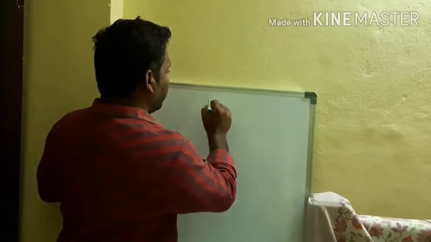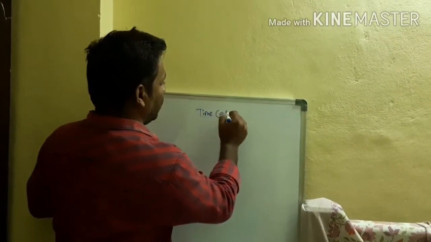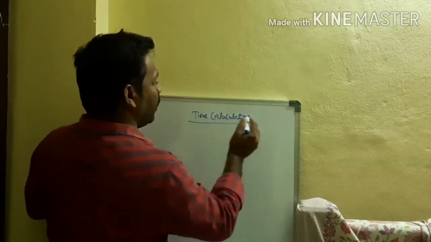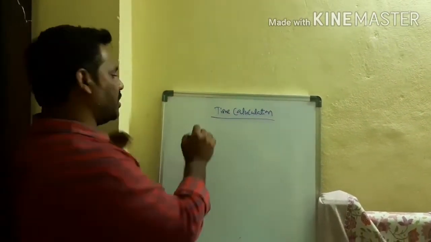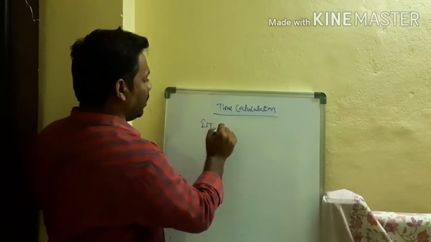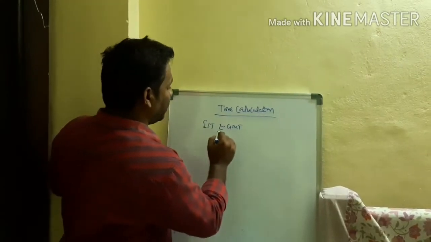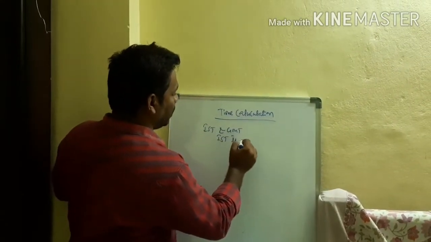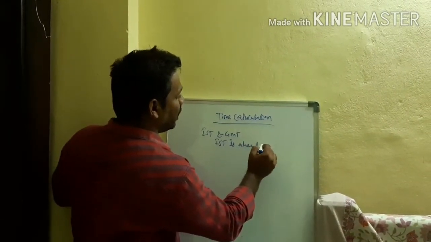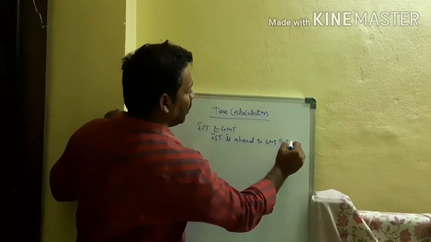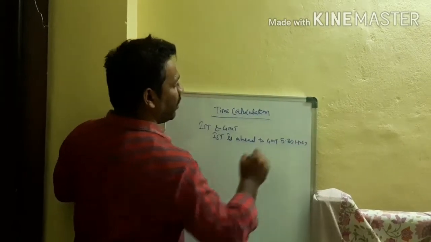Time calculation we will discuss once here. When you compare IST and GMT, IST is ahead of GMT by 5.5 hours.